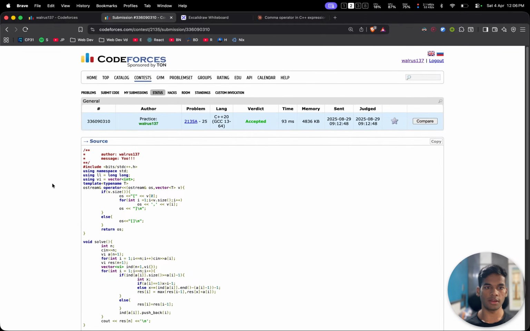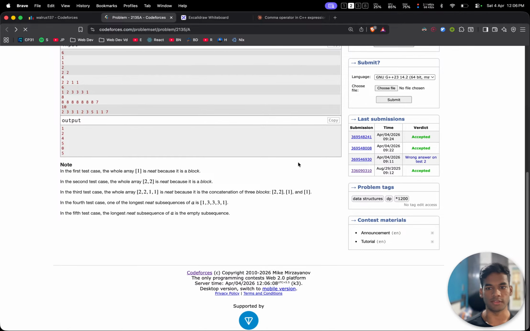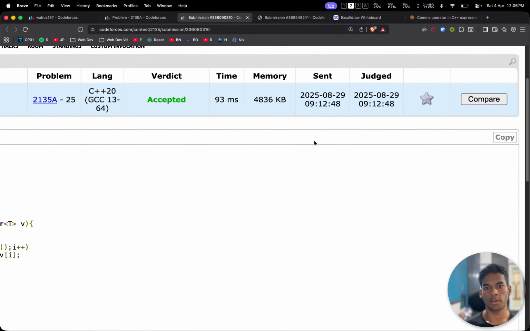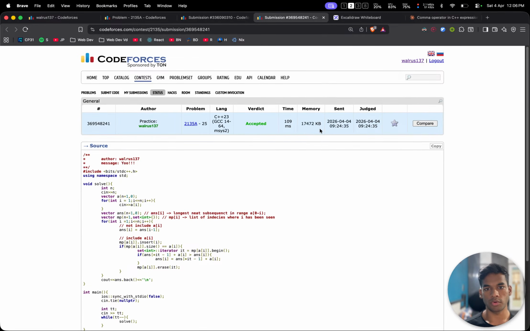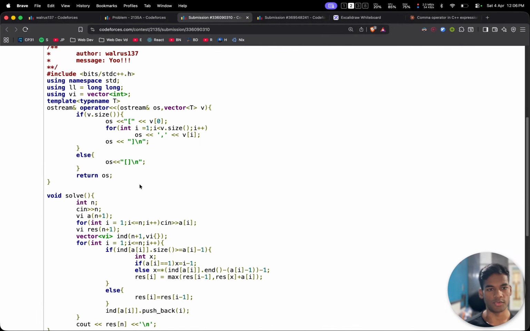Now it is taking 1000 KB. Codeforces is slow. It was 4000 before. Now it is 17,000. Okay, it was much better before.